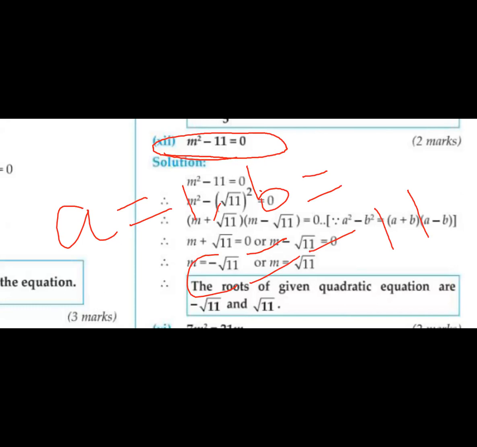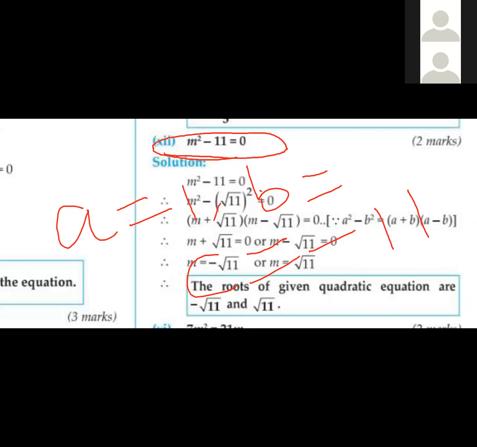The coefficient of B, I am telling I don't know what the value is. You will tell me the answer. Okay. And C equals minus 11. So we have discussed from the last two. So what is the value of B? 0. Very nice. Very good. The answer is B equals 0.